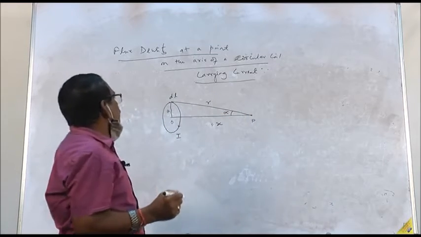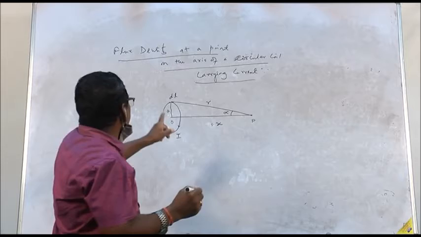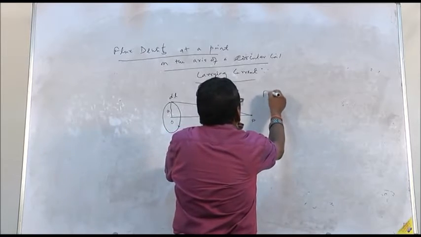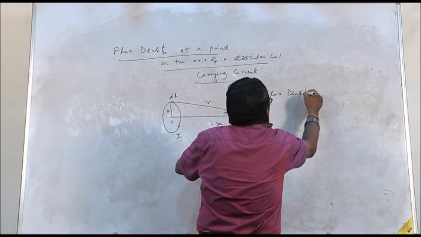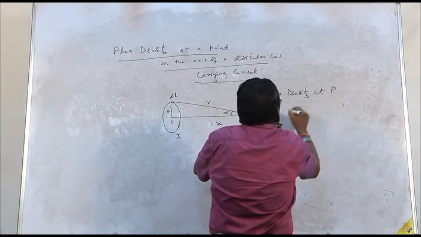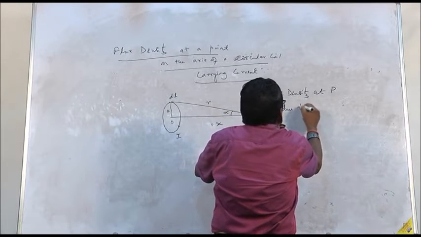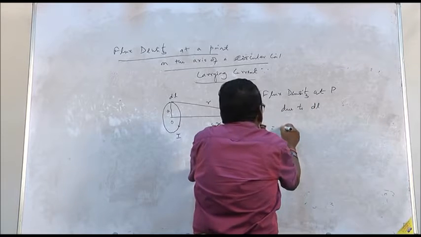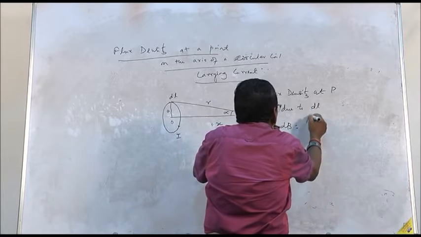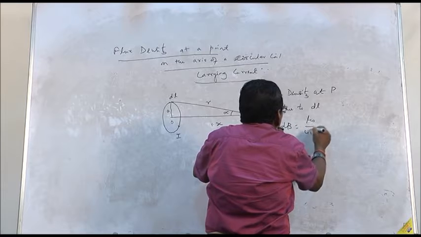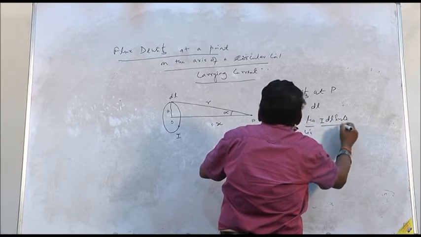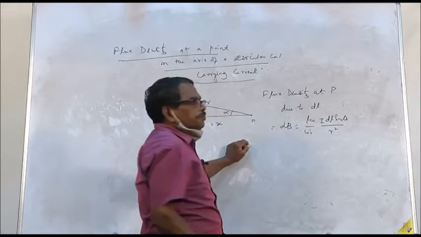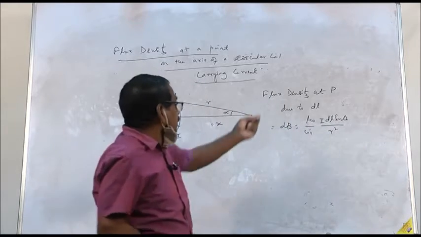So, flux density at P due to dl is dB equals mu 0 by 4 pi I dl sin theta by r square. According to Biot-Savart law, this is the formula.